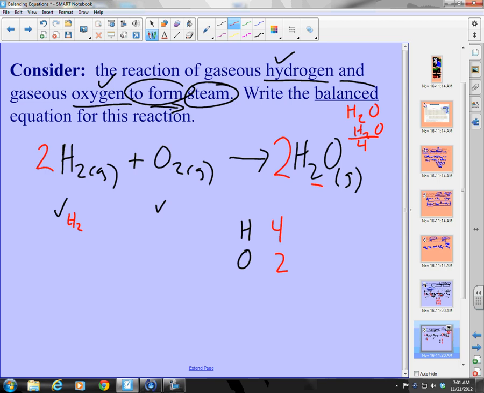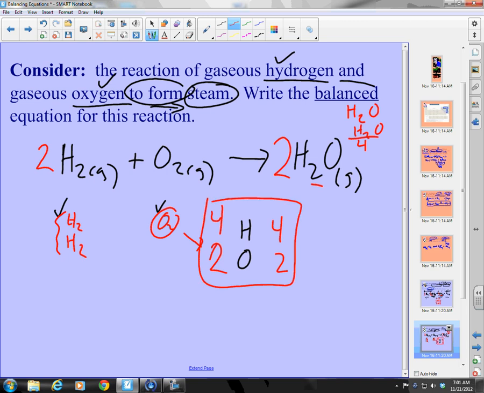I put a 2 in front of that. 2 means I really have that now, right? That's 2 H2s, and 2 H2s means I have how many hydrogens? 4. And how many oxygens? I have 1 O2, but if I have 1 O2, that means there are 2 oxygens there, so I have 2 oxygen atoms. That's my check, and this is my balanced equation. Yee-haw!